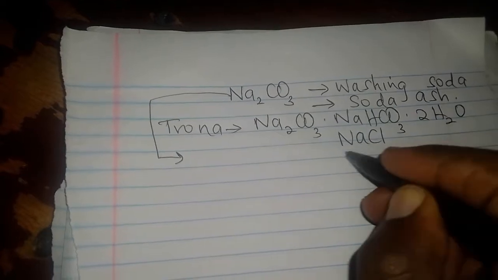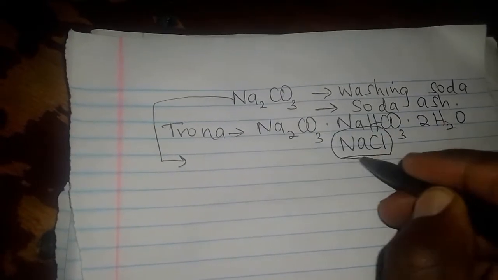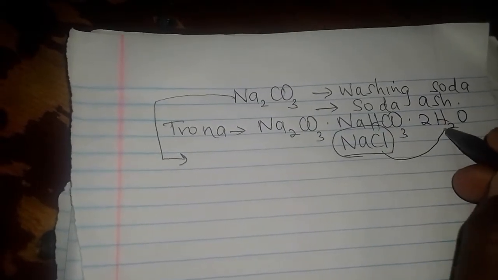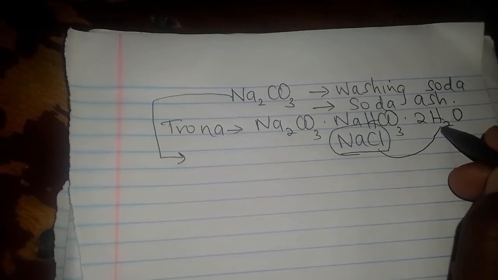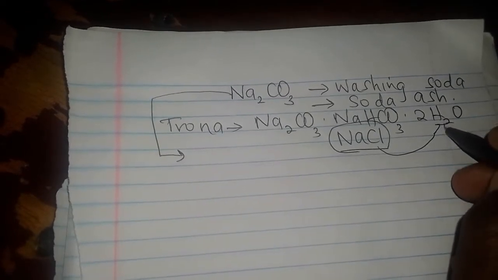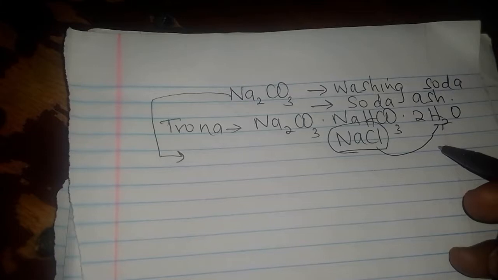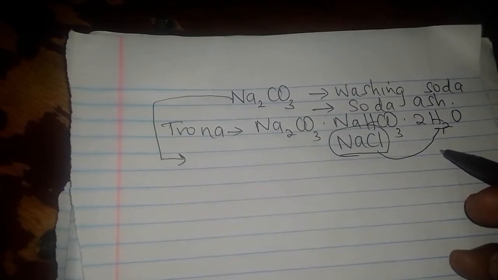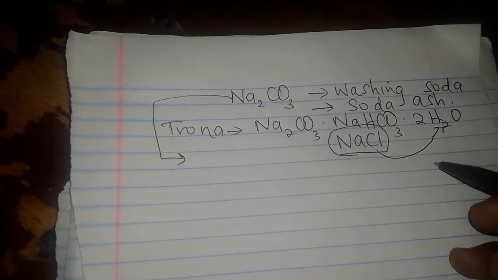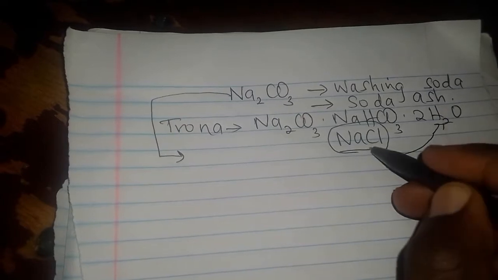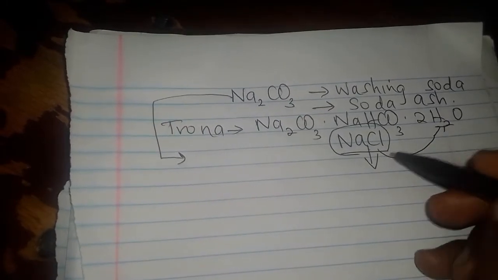Where is sodium chloride located? The sodium chloride gets trapped between the molecules of water of crystallization. In that process, when crystallization is carried out at a very low temperature at night, the sodium chloride crystallizes out.